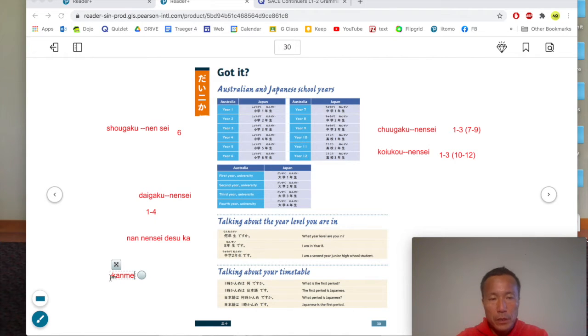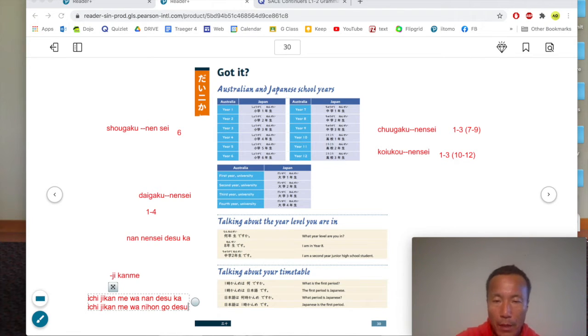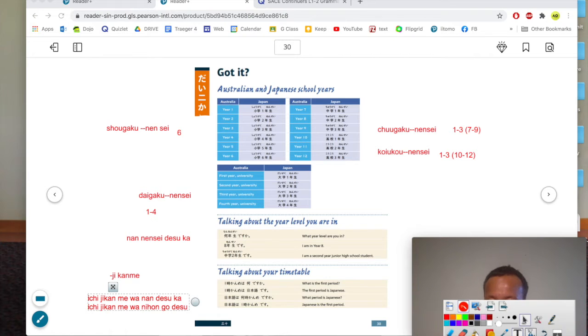So 2時間目 means the second period, period 2. So 1時間目は何ですか? What is period 1? Then the answer is 1時間目は日本語です. It's Japanese. So that's how it goes. Now let's move on.